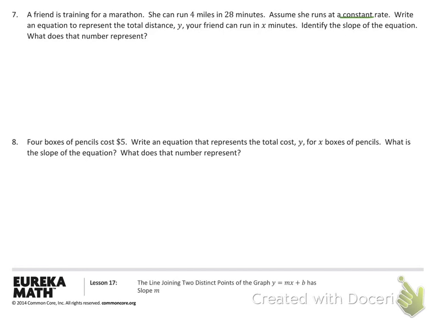Okay, so let's write this equation. So I know that my friend can go 4 miles in 28 minutes. And that's a constant.